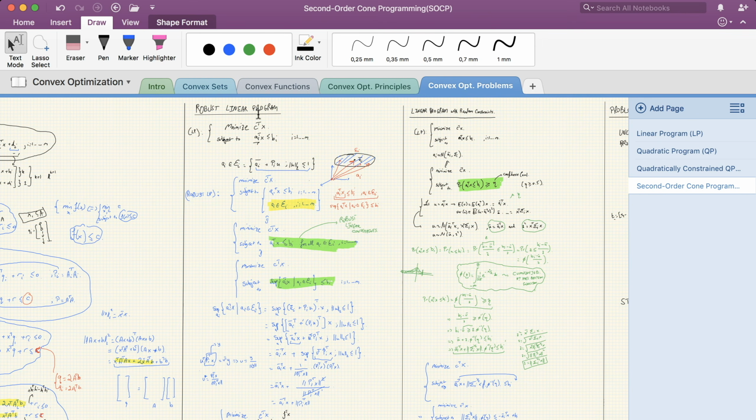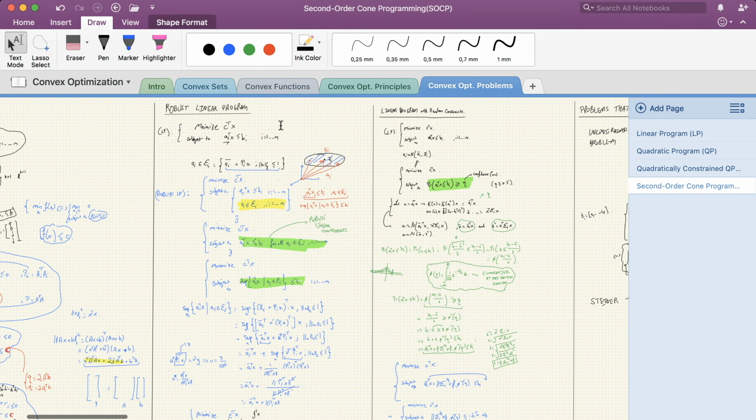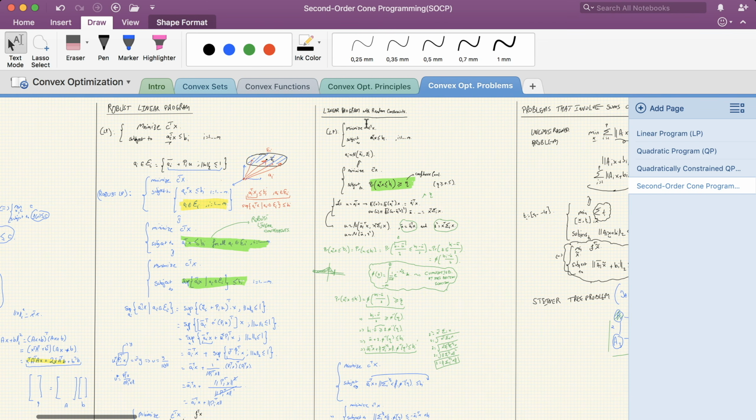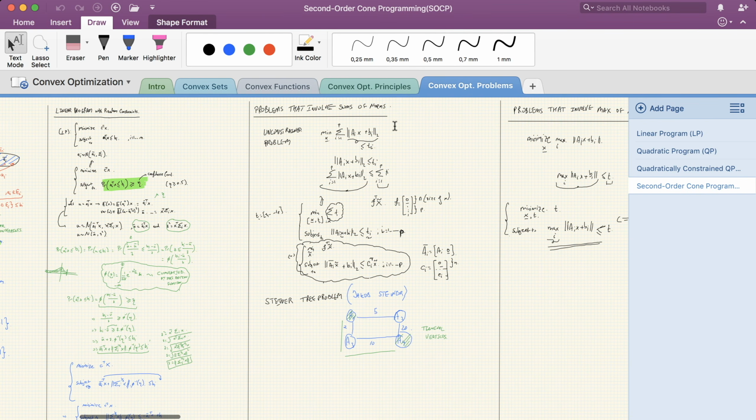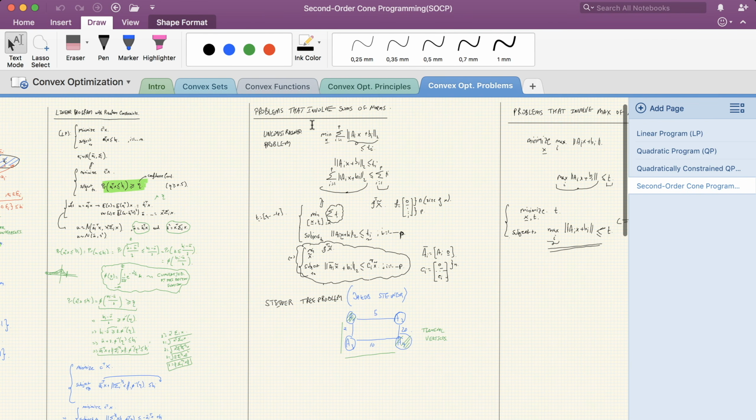To mention a few, we've done some robust linear programming and linear programming with random constraints. Next off, we've seen how to form a problem that involves a sum of norms as an SOCP. And an application of sum of norms is the Steiner tree problem, where given a graph, you should find the minimal way to traverse terminal vertices.